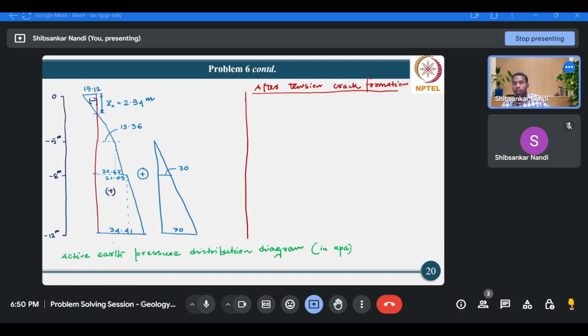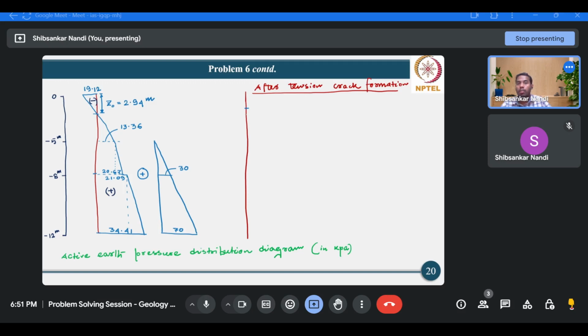So we'll start directly from the depth of tension crack. We'll not consider the initial tension region, because due to the separation of the soil mass from the retaining wall, there will be no pressure on the wall. Okay, so this portion we will disregard.